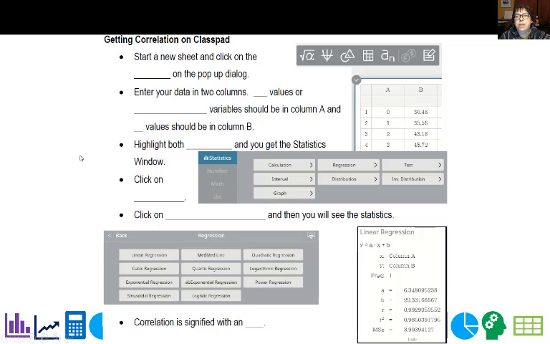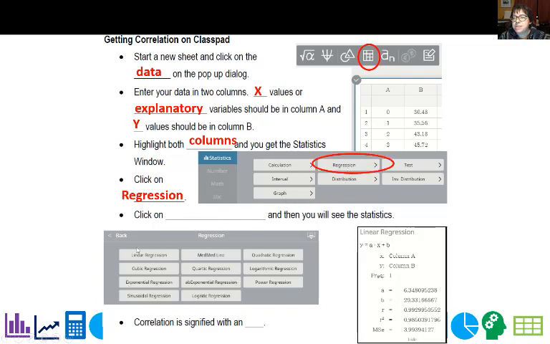Now, let's say you want to get correlation on ClassPad. So you start a new sheet and click on data up here, just like before. Enter your data in 2 columns. X values or explanatory variables need to be in the first column and Y values in the second column. Highlight both columns and you get this window, and then instead of graph or calculation, you're going to click on regression.